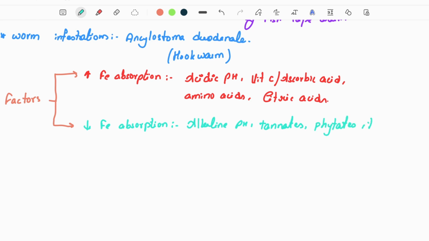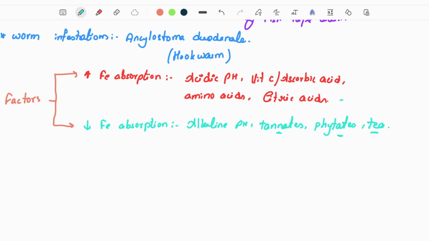phytates, and tea. Okay. For example, you suggested a patient to take iron supplements. So before taking the iron supplements or after taking the iron supplements, we should inform him that he should take citrus fruits like lemon, amla, etc. And before or after taking the medications, he should not take tea or the food contents that are containing phytates and tannins.